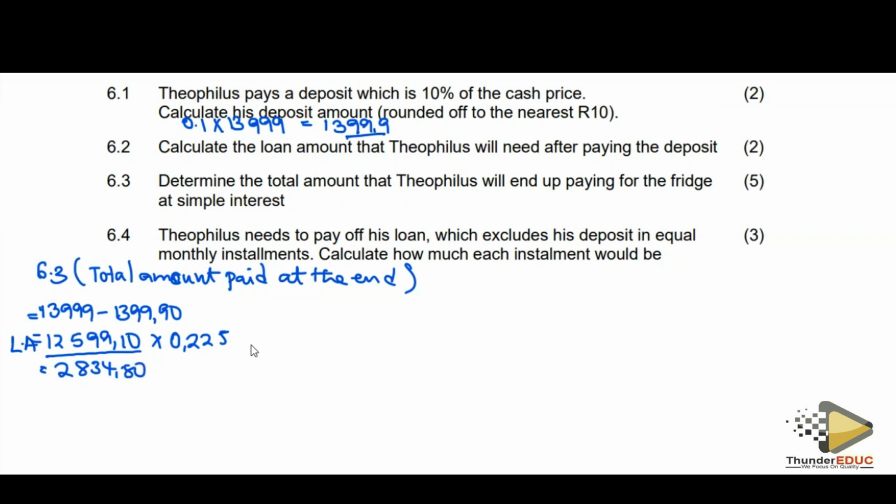This is for only 1 year, but we multiply by 2, and we get 5,669.60 cents, plus the loan amount, which is the money the person has taken, and we get 18,268.70 cents plus the deposit.